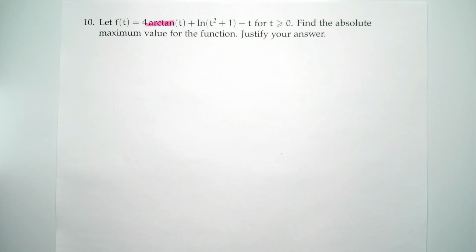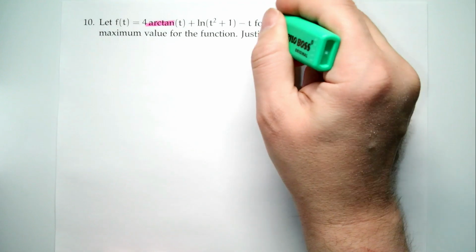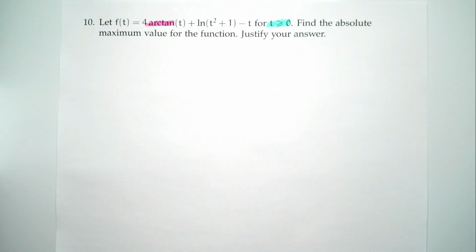Find the absolute maximum value for the function. Justify your answer. We talked about absolute maxes and absolute mins before, but there's a little bit of a twist here, because our interval is not a bounded interval. t is greater than or equal to 0, t can be arbitrarily large, which means it's unbounded.